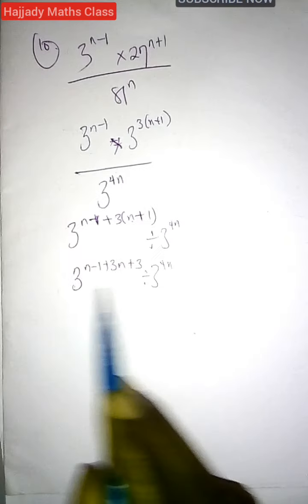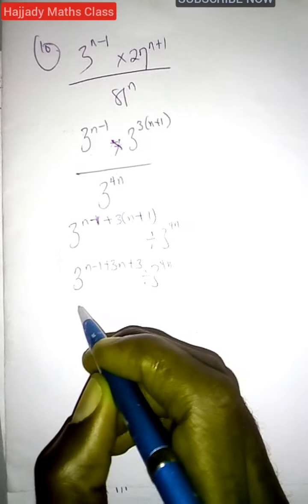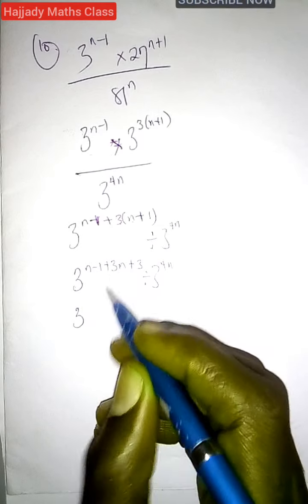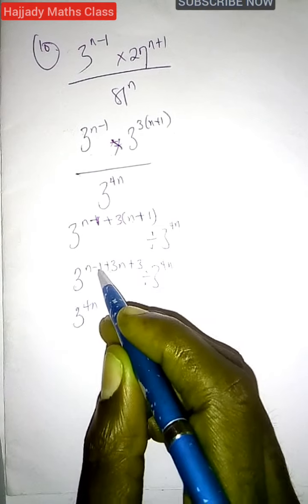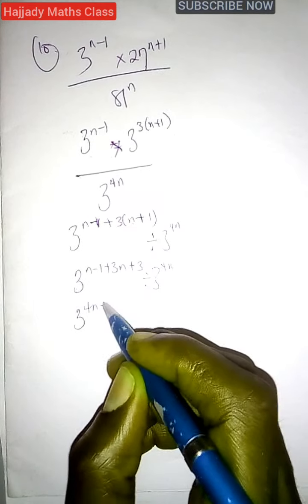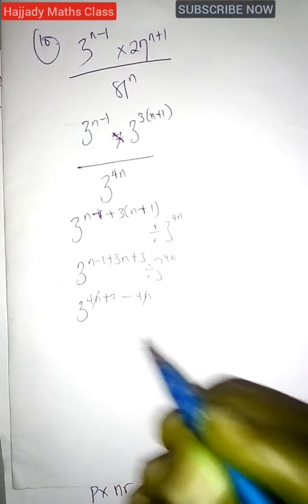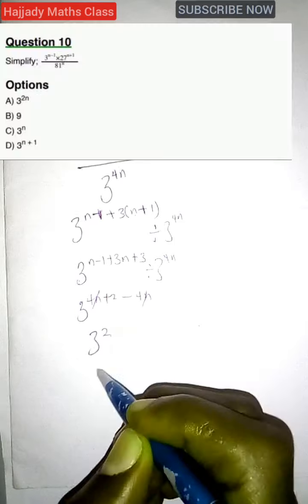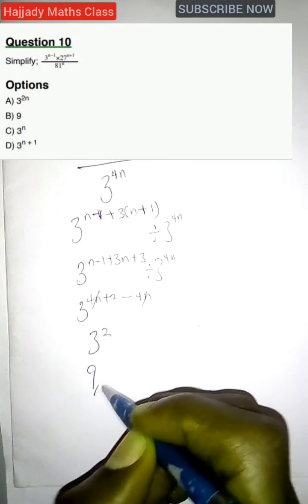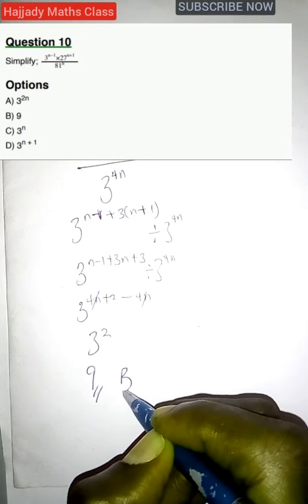They have the same base, so you can easily subtract. So here we have 3 raised to power n plus 3n is 4n, minus 1 plus 3 is what? Plus 2, minus 4n. So 4n cancels out 4n. We have 3 raised to power 2. And finally, our answer is 9, which is option B.